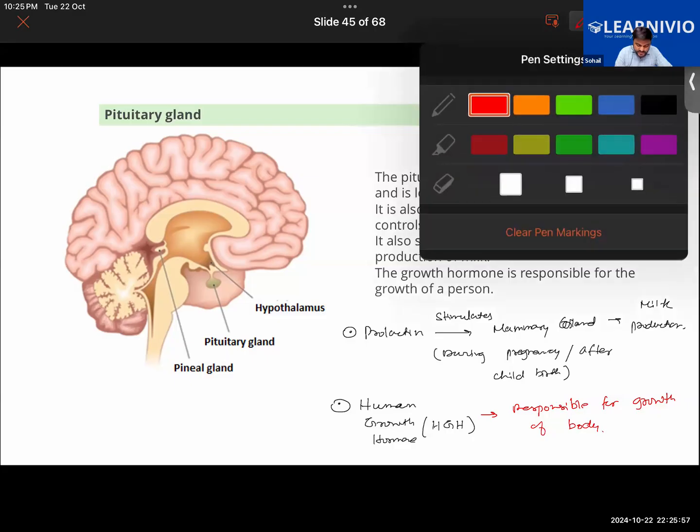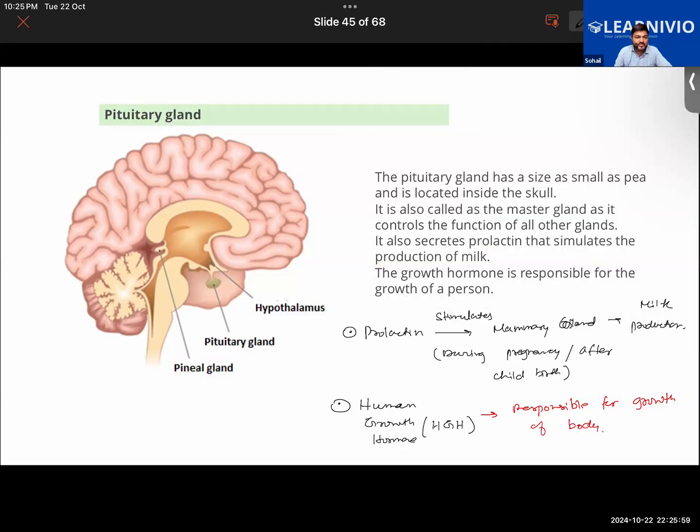Now there are some situations in which this growth hormone, HGH, can be secreted in excessive amounts, and that leads to a condition called gigantism, in which the person is unusually very tall. Gigantism is a very rare condition.